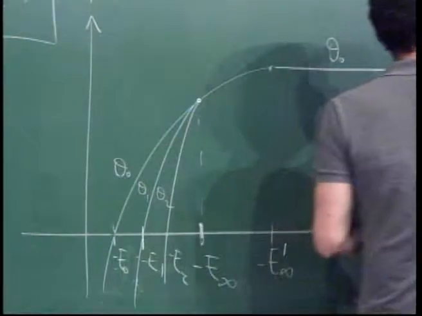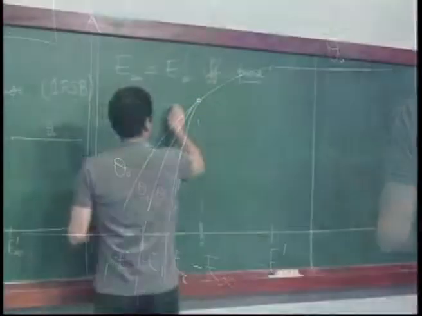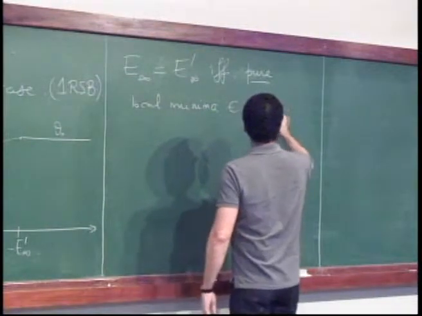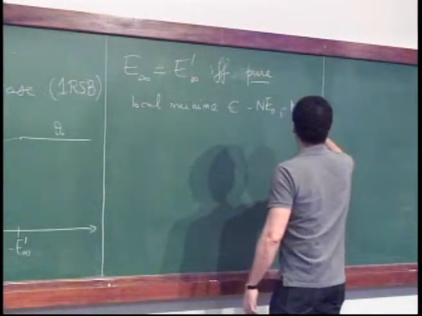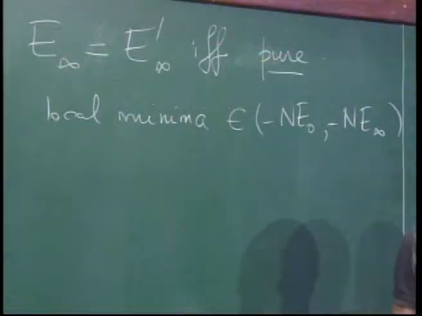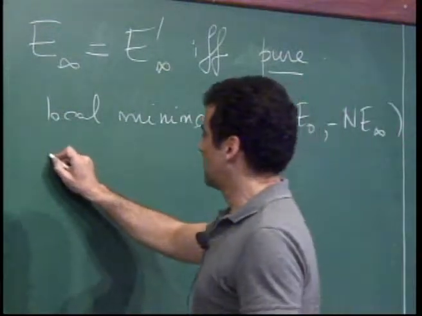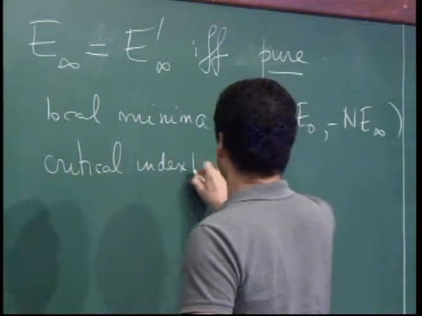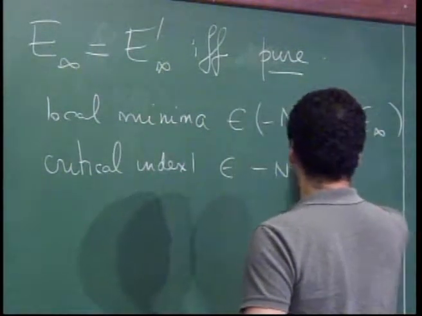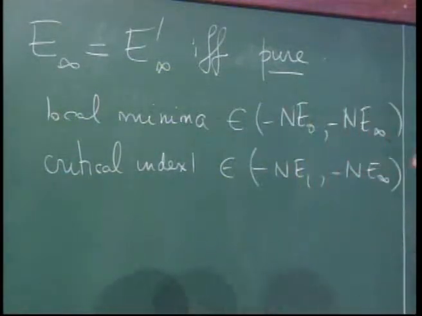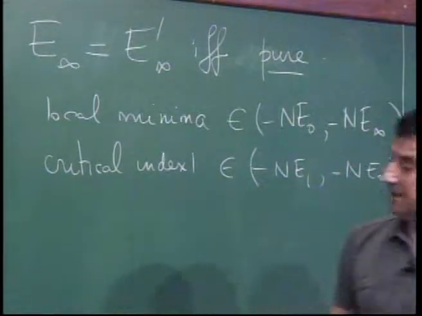So the local minima are all between negative NE0 and negative NE infinity, as before. All the critical points of index 1 are all in this region here, etc. All the critical points of finite index are in this region.